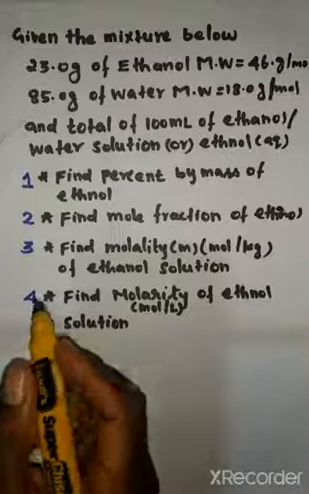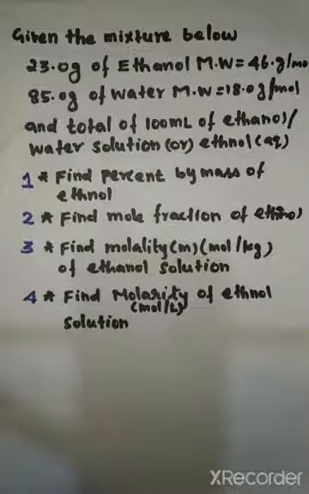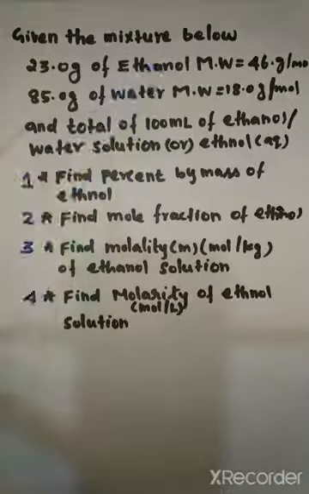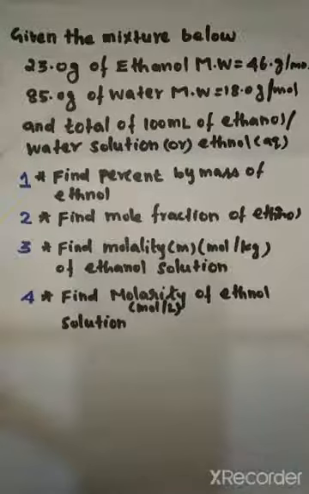There are 4 questions asked in this problem. Now we need to calculate these values using the data given in the problem. Now we shall find the solution for these questions one by one.